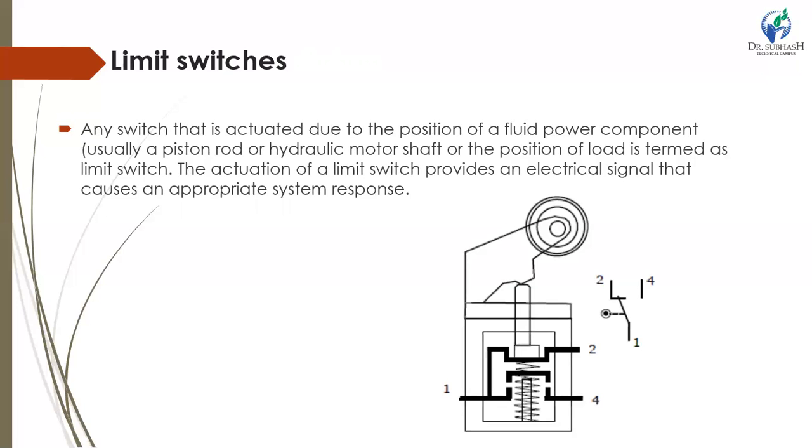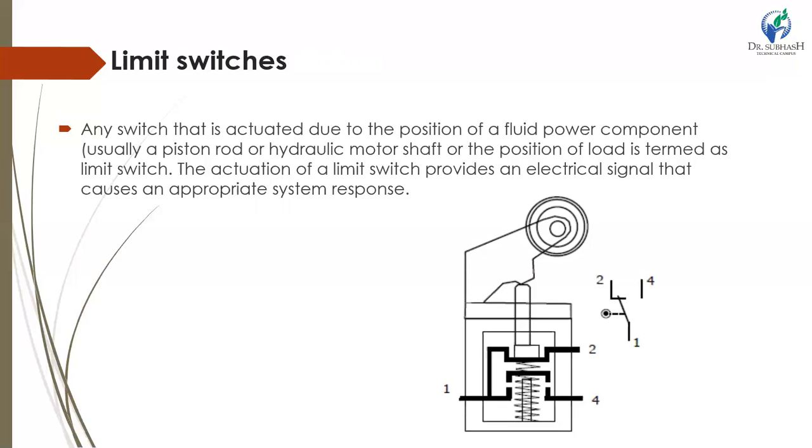The diagram of a limit switch is shown, and there are two types of classification for limit switches depending upon the actuation of contact: A, lever actuated contact, and B, spring loaded contact.